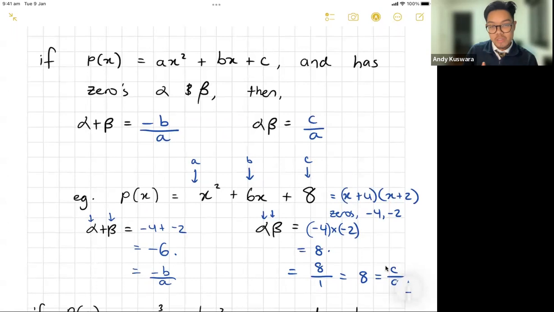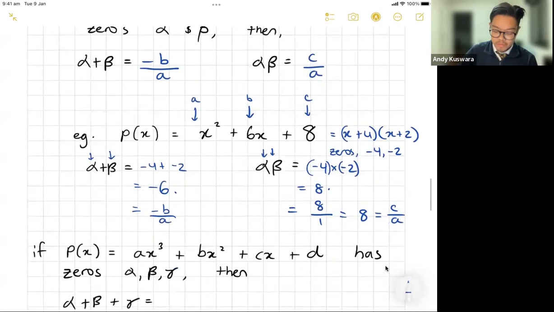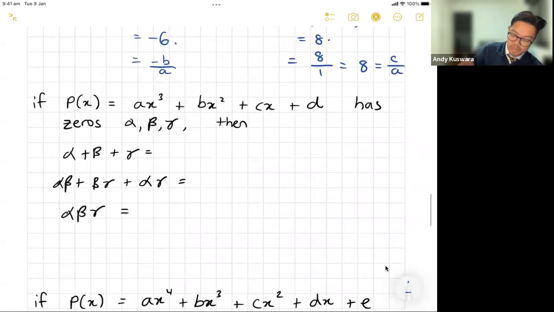Now, we don't want to just know about quadratics because we kind of already knew about quadratics. We're going to stretch a little bit further. There's a little bit of a pattern, and I hope that you guys will see it as I do this. This time, if we have a cubic, we're going to have three roots. We're going to have alpha, beta, and gamma. So if we add the three roots together, it should still be minus b over a.